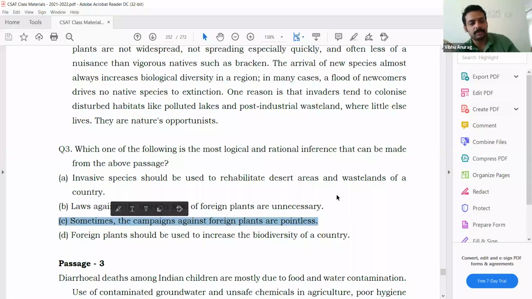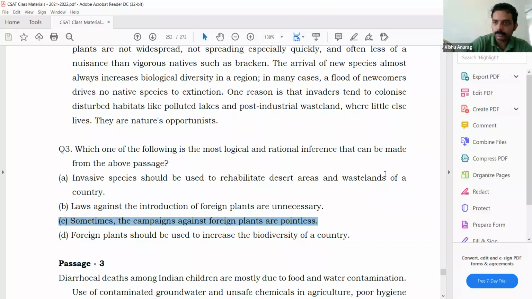Did you get C for this? It's a bit indirect, but did you get C? Okay. So quite a few mistakes for this one.